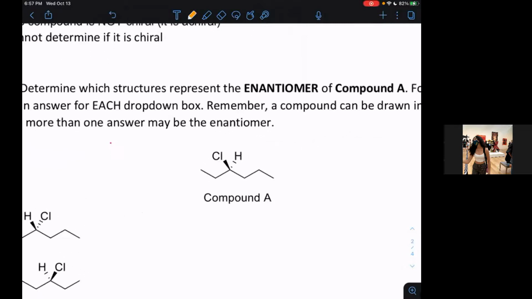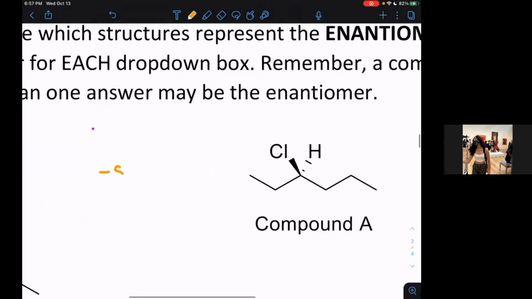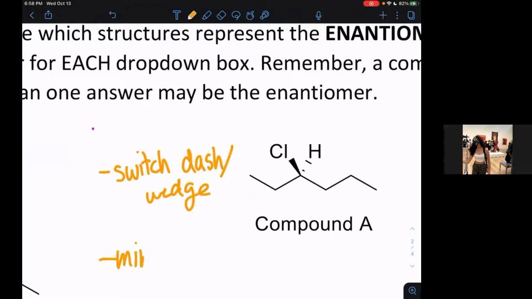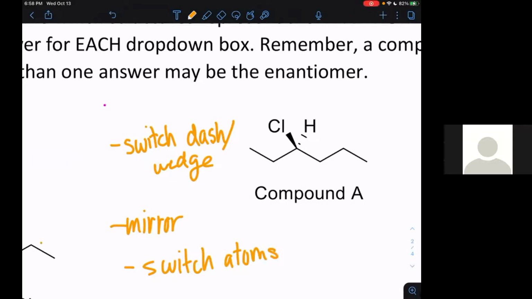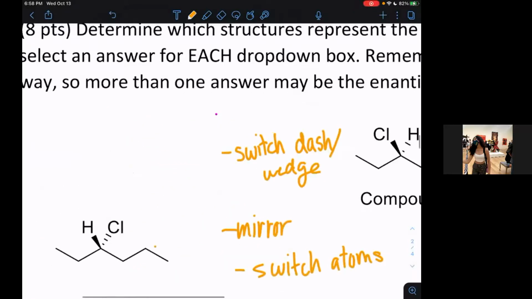So for an enantiomer, you can switch, or you could mirror, or you could switch atoms. But only do one or the other. Okay, yeah. She says not to combine the methods. Or well, I guess I'll just do only one.